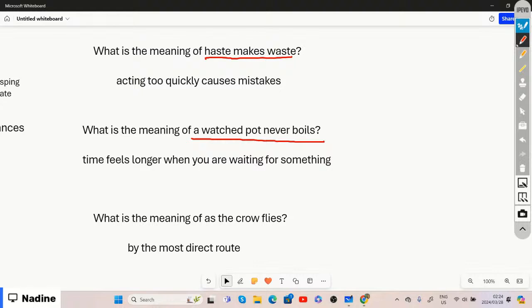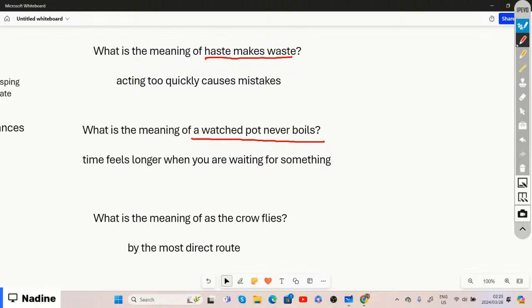All right. So, a watched pot never boils.